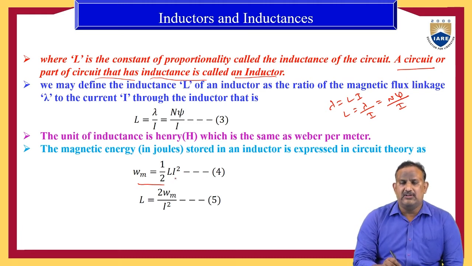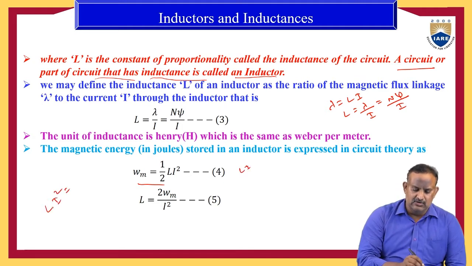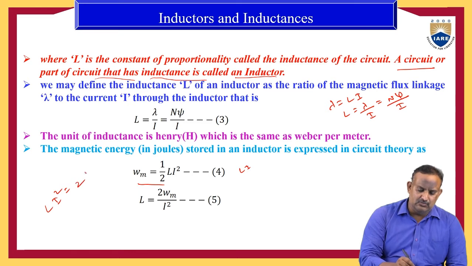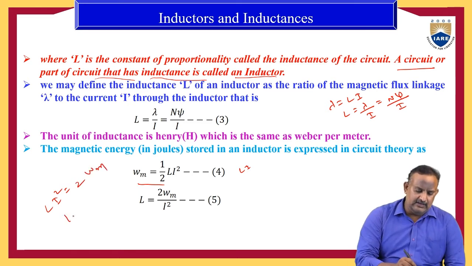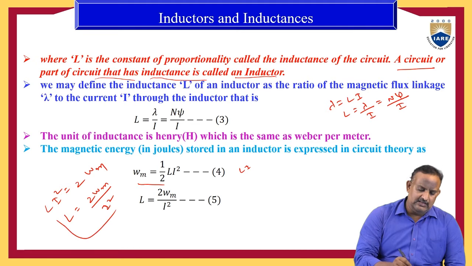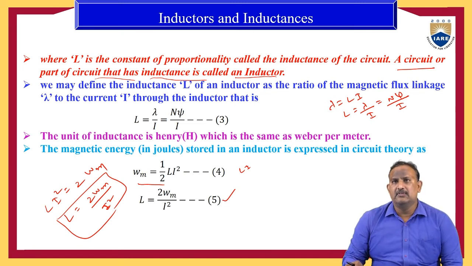From this equation, cross multiplying, L I square equals 2 times the energy stored in the magnetic field, and therefore the inductance L is equal to 2 Wm by I square, which gives the inductance of a circuit.